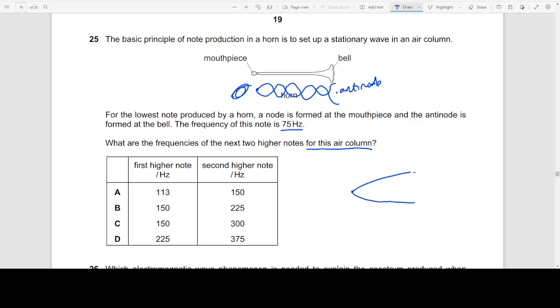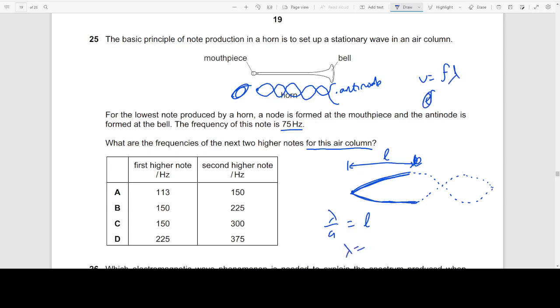If you complete this wave, this much is the length of the tube, L. This part is just lambda upon 4, one quarter of the wave. So lambda upon 4 is L, and we know V equals F lambda, so lambda equals 4L.